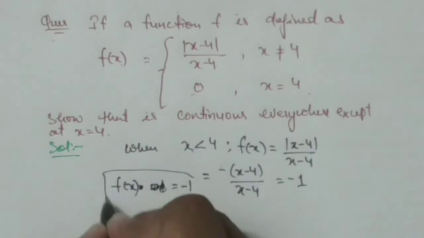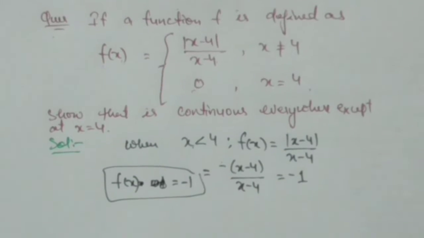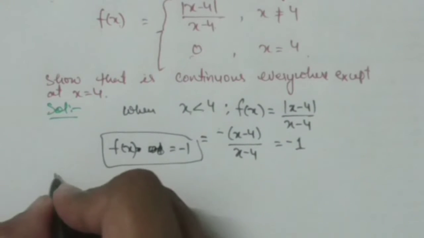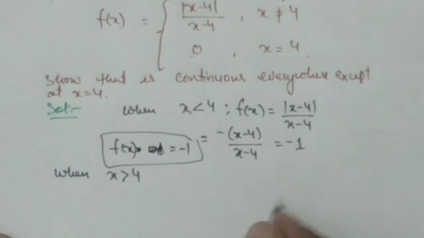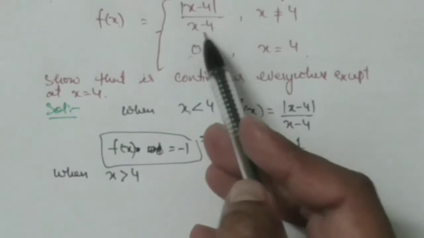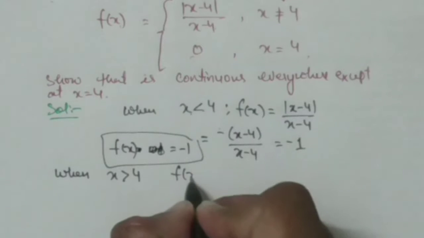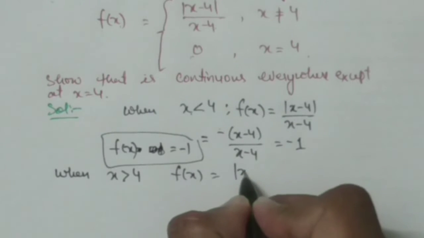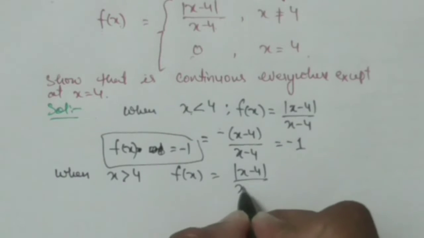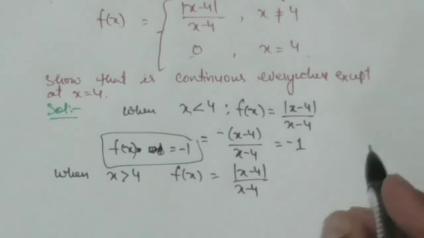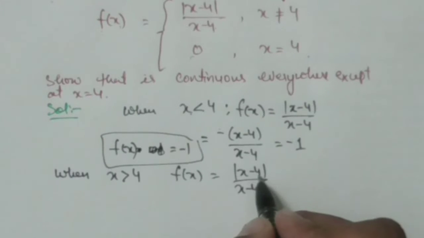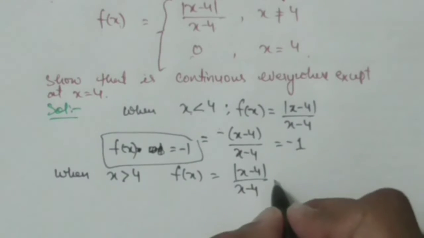f(x) is equal to -1. Now see, when x is greater than 4, in that case also f(x) is equal to |x - 4| upon (x - 4). So here x is greater than 4, right? So x - 4 will be a positive quantity.